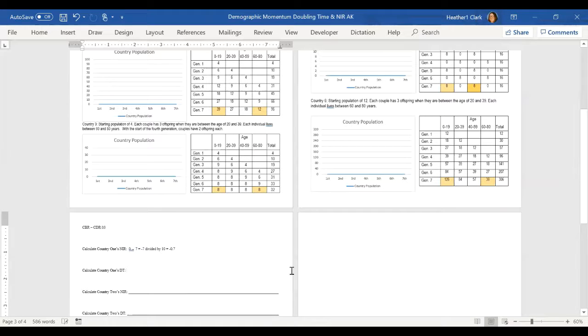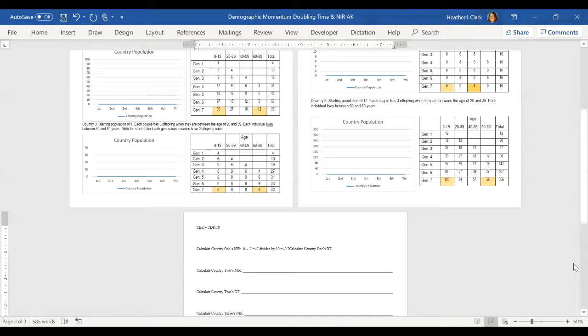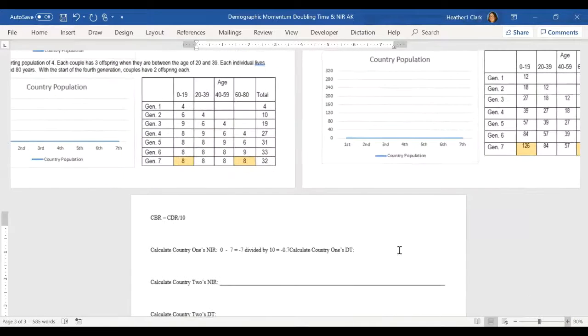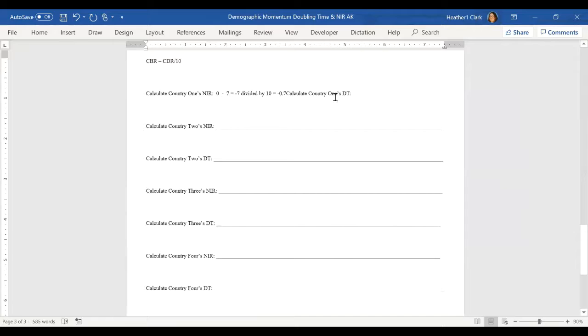The next thing says, what is the doubling time? We're going to calculate the doubling time. So we have 70 divided by the natural increase rate of negative 0.7. We can get out our calculator.